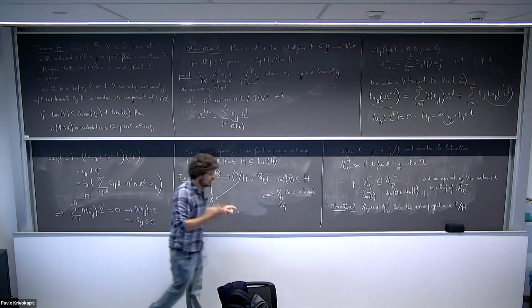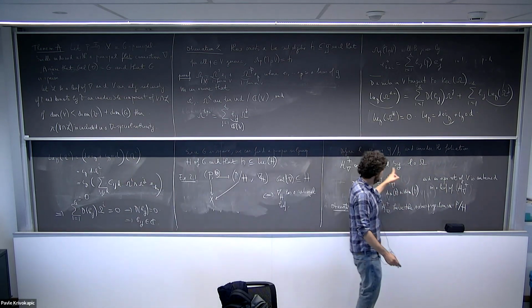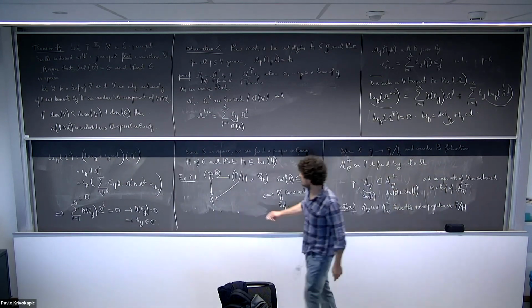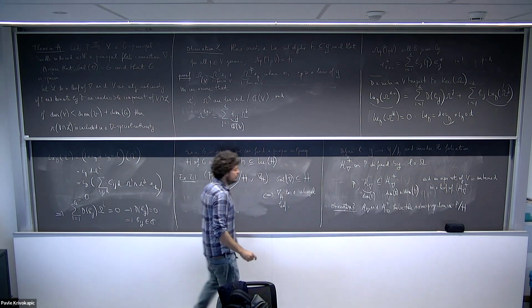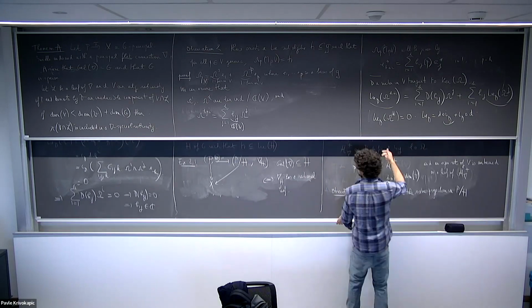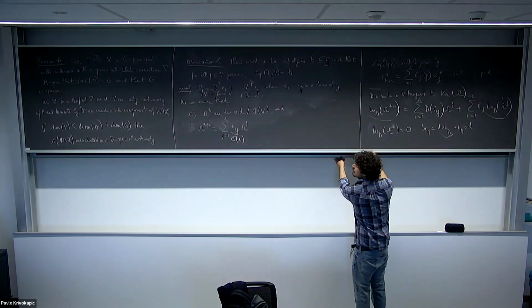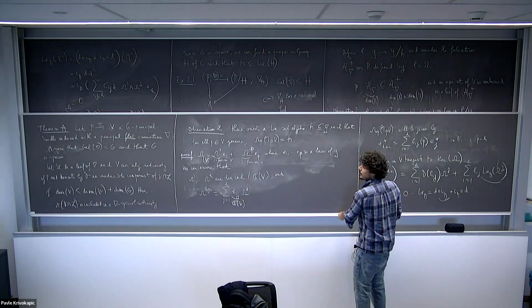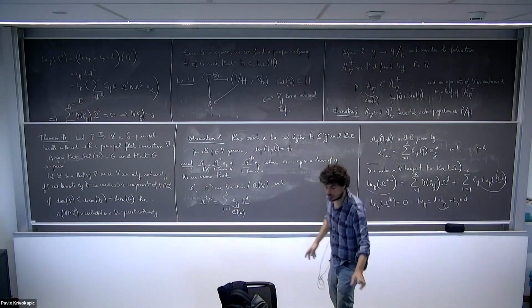And because V is included in the leaf of this one, if I denote by rho, this implies that rho of V is included in the leaf of delta H.